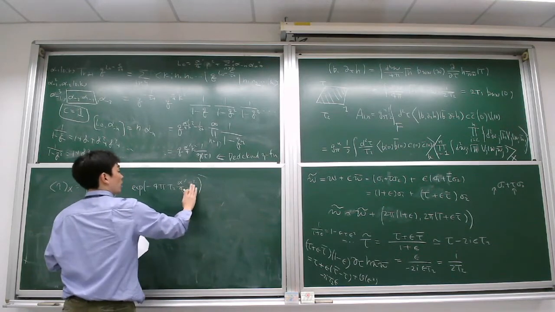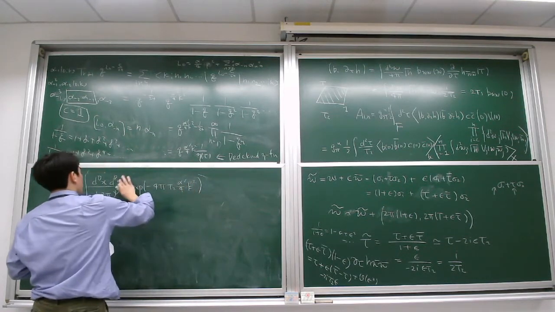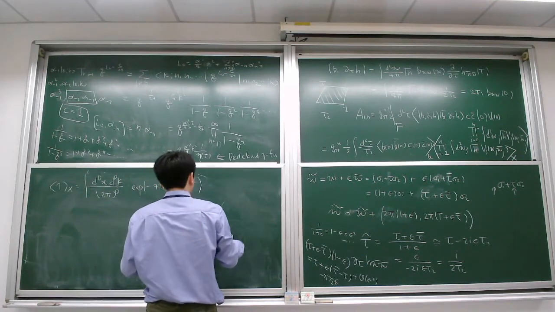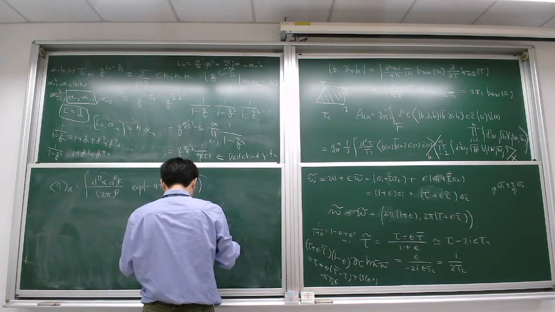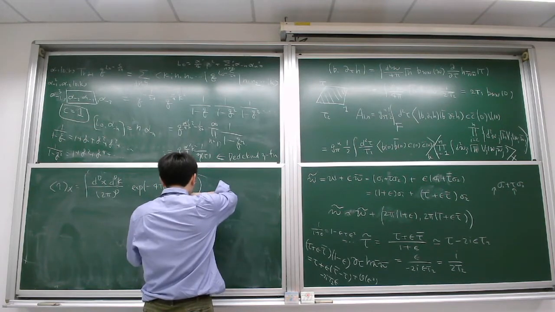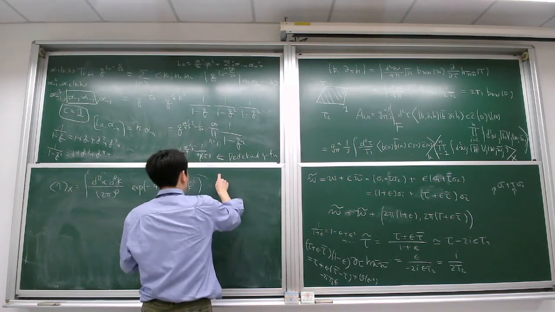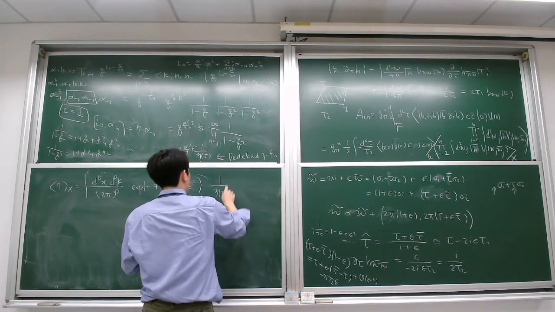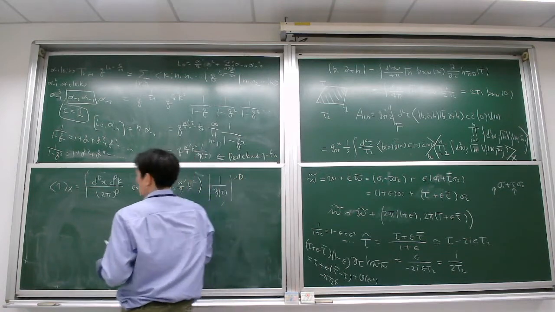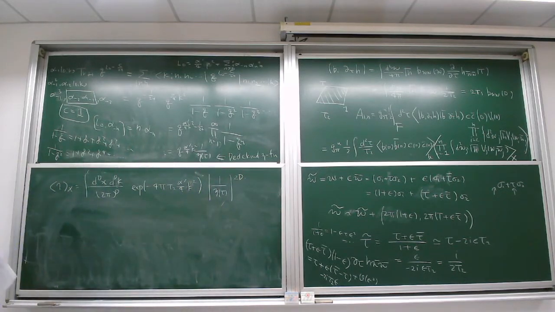I think I should call it k squared instead of p squared, whichever is okay, but anyway. Oh gosh, yeah. So then you have the Dedekind eta function. Is that okay?